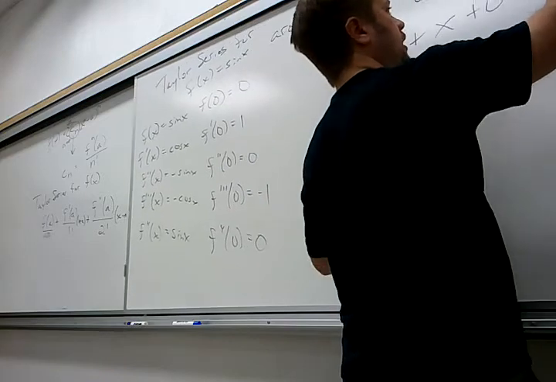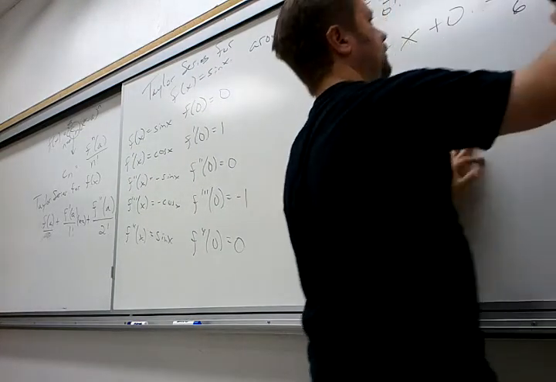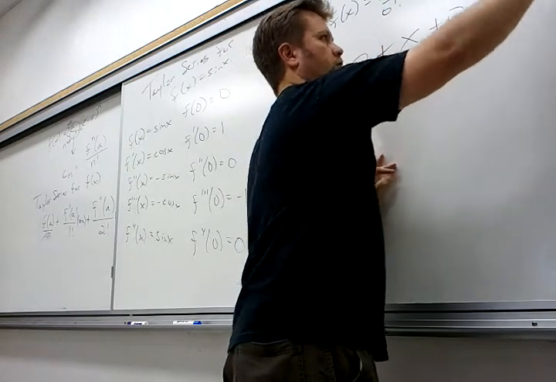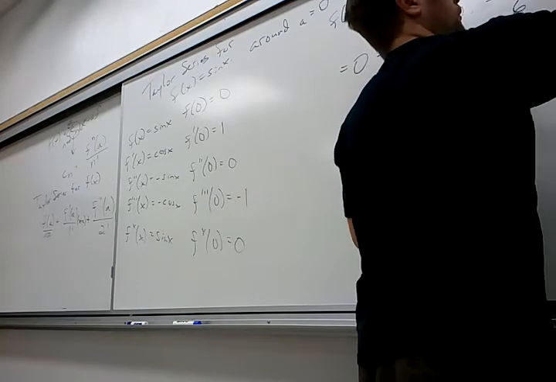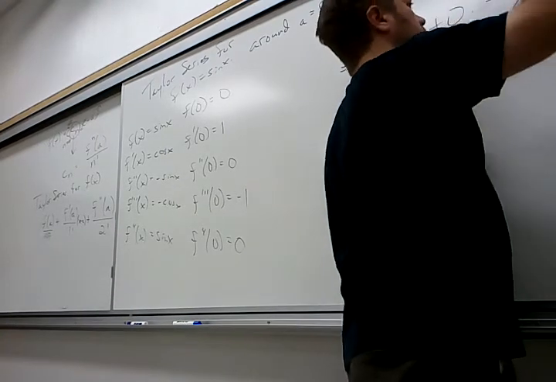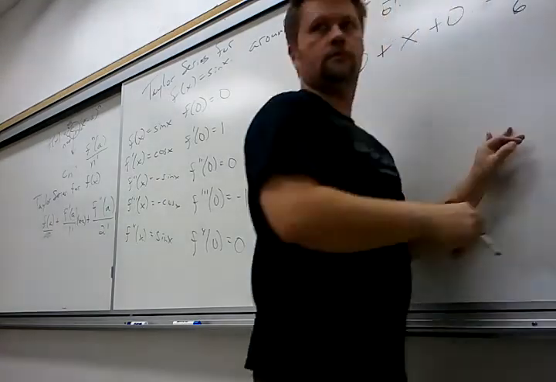Right, so you can already see the next one will be 0, and the next one will be plus, so that would be 3 factorial, 4 factorial, 5 factorial, right? x to the 5th, 1 over 120, dot, dot, dot.